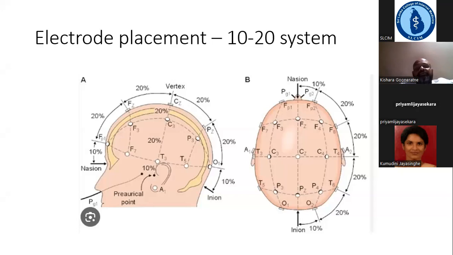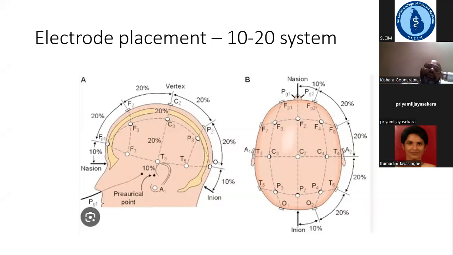The advantage of converting these electrical signals into digital signals is, one, versatility, and the second is that we can do some post-processing after acquiring the signal to increase the sensitivity and the specificity of the EEG for certain conditions.